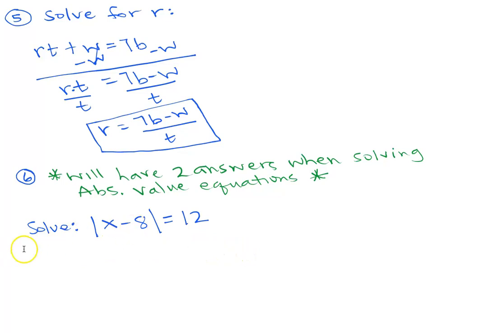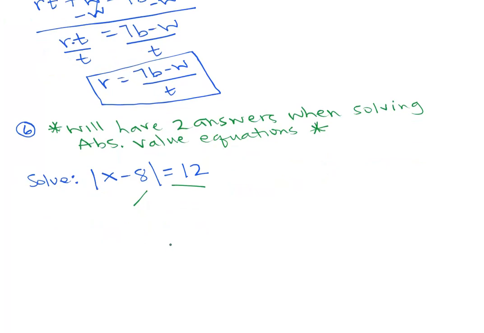Now when you're solving absolute value equations, you want to make sure that the absolute value part is by itself. So if there's anything out in front that's being multiplied by it, you need to divide that over first, and so on. Make sure you always remember to isolate that absolute value part. And then once you've done that, now you can write your two different statements that will give you the two different answers.